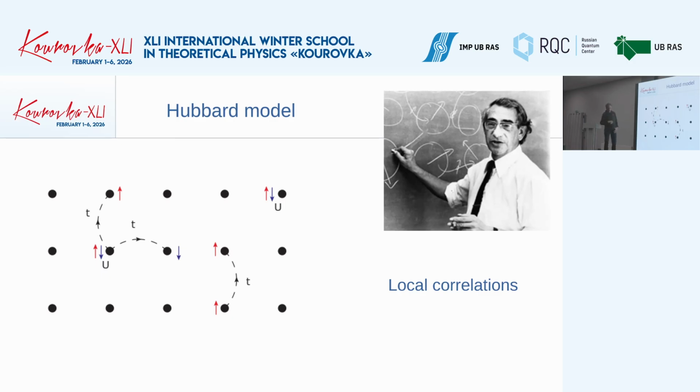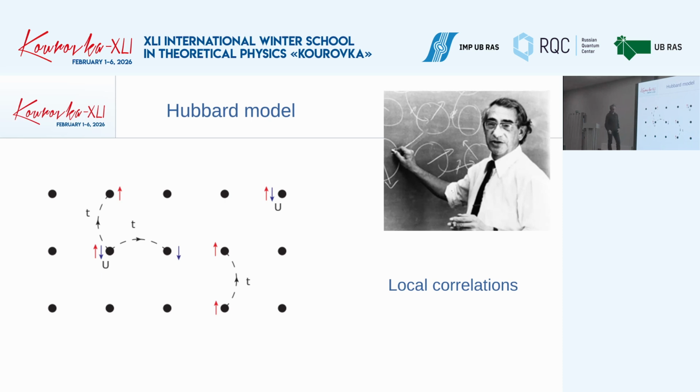Back to this explanation of Mott insulation. Hubbard said that there must be some critical value of the Coulomb local repulsion, above which electrons do not travel over the lattice. They are localized at particular sites because there are other electrons at neighboring sites.